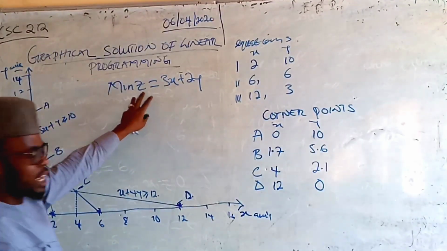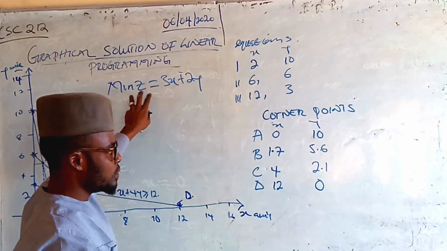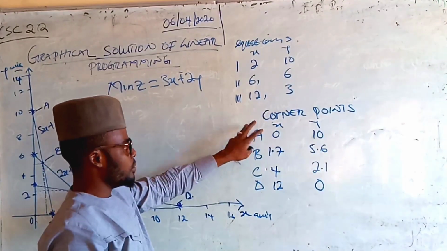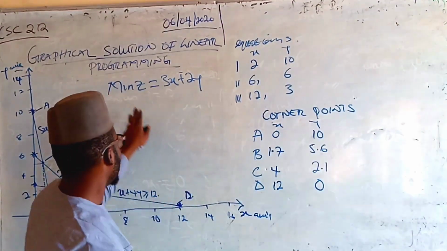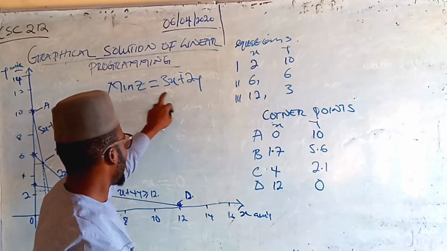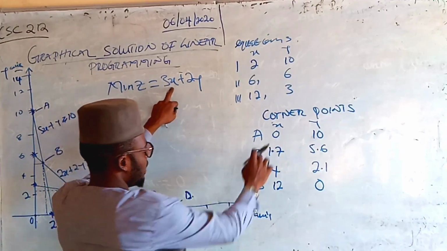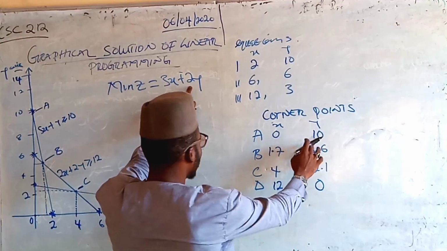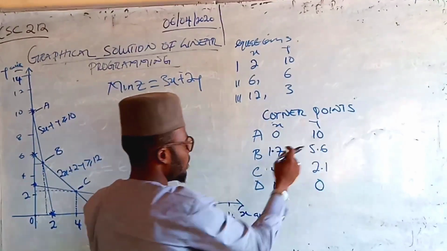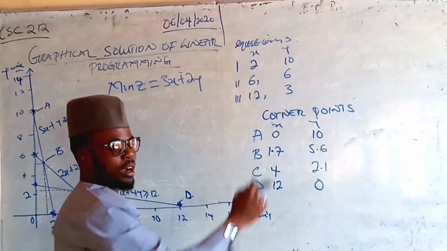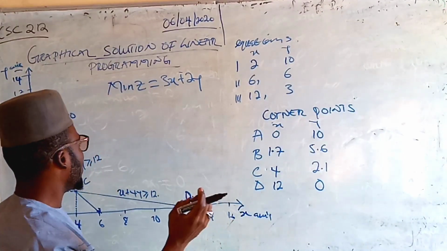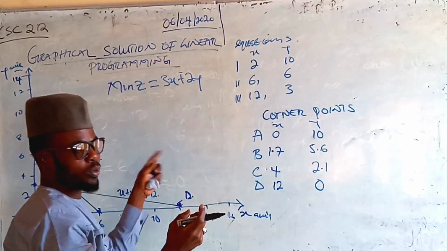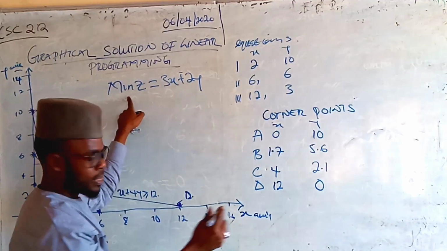So we are going to test the objective function with the values of the corner points, so that we are going to have the minimum number, because we have been asked to minimize.